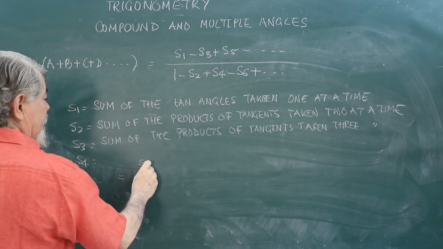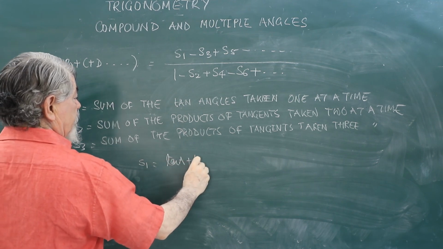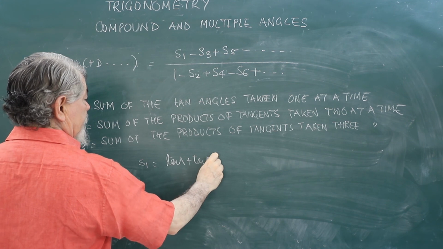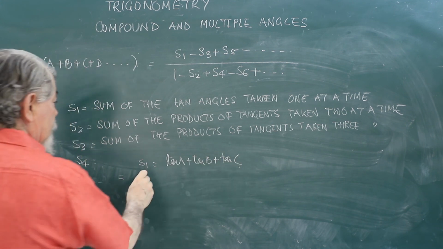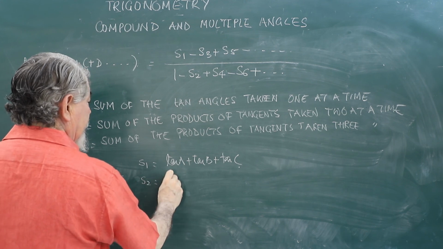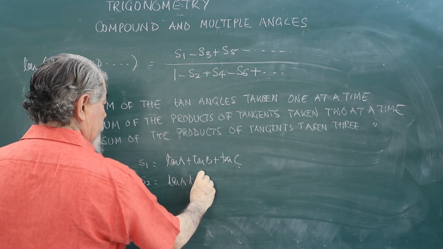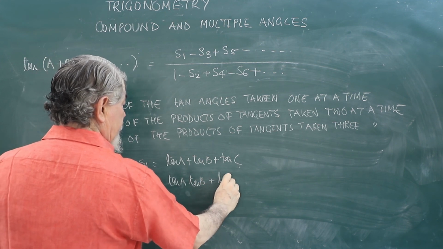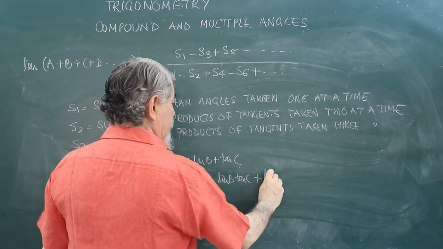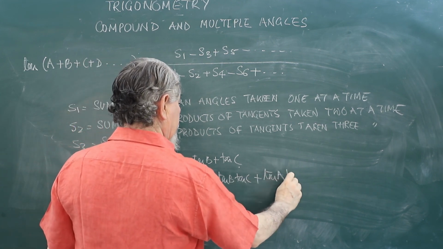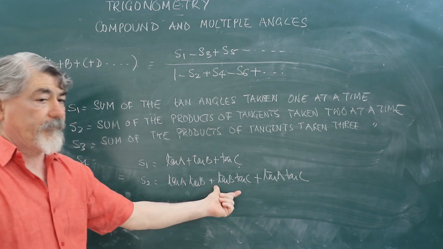S1, for example, is tan A plus tan B plus tan C. S2 will be tan A tan B plus tan B tan C plus tan A tan C, the product of tangents two at a time.